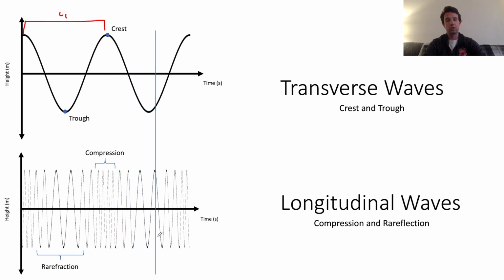As it nears the other trough, once again it expands into this rarefaction, and as it meets that final crest, it compresses. So to label this, we can label the other crests and troughs on the transverse waves, and we can label the other compressions and rarefactions on the longitudinal wave. So that's every part of this labeled.